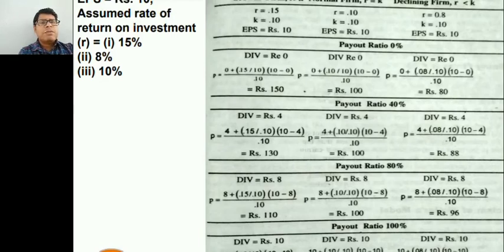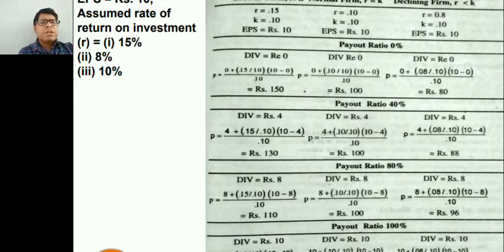So we are applying our formula. When payout ratio is 0%, that means D is 0. So when we are calculating the value of share price P0, here you calculate it. In growth firm it is 150, in normal firm it is 100, and in declining firm it is 80.